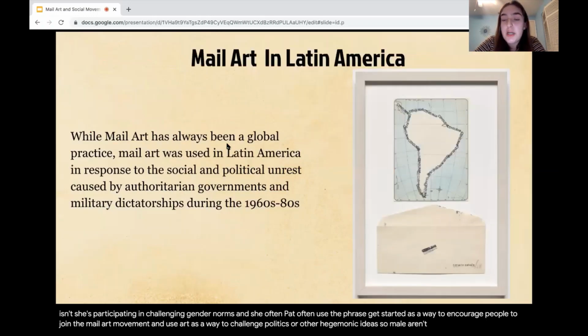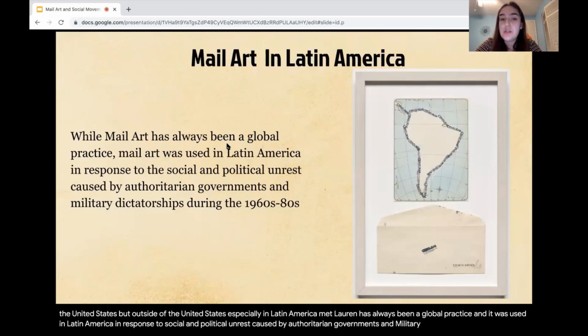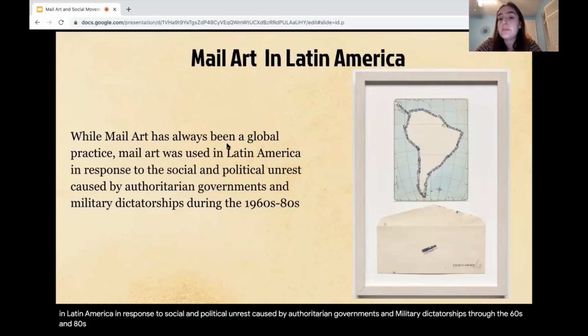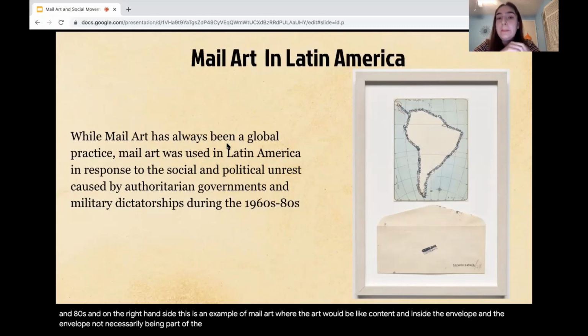So mail art was practiced not only within the United States, but outside of the United States, especially in Latin America. Mail art has always been a global practice, and it was used in Latin America in response to social and political unrest caused by authoritarian governments and military dictatorships through the 60s and 80s. And on the right-hand side, this is an example of mail art where the art would be the content inside the envelope and the envelope not necessarily being part of the art.